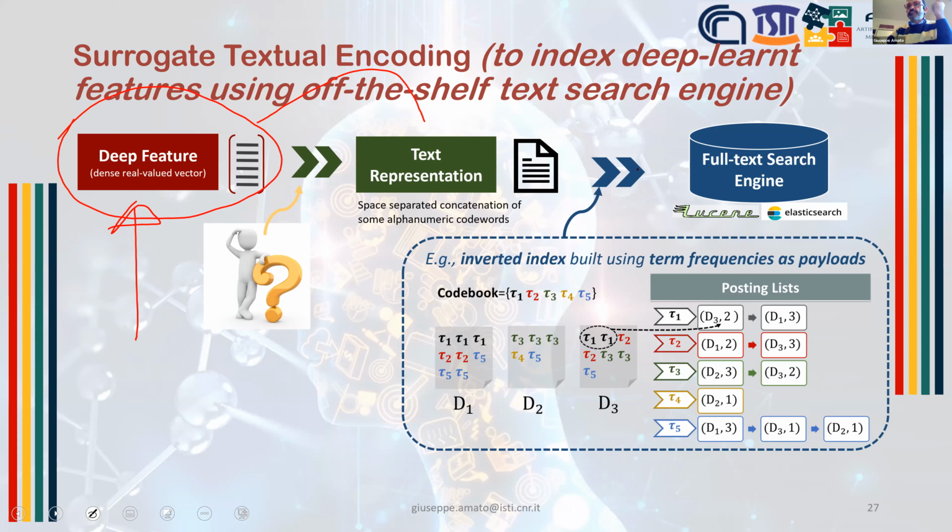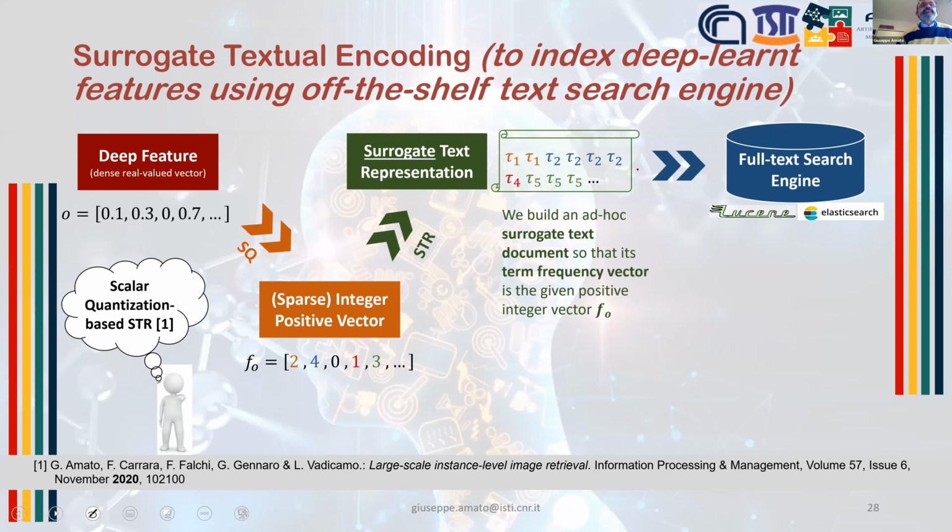An important point to keep in mind is that typically text retrieval engines work well because they index sparse vectors. I mean, when you insert a text document containing natural language text inside a text retrieval engine, the number of words contained in that document is much smaller than the entire vocabulary.